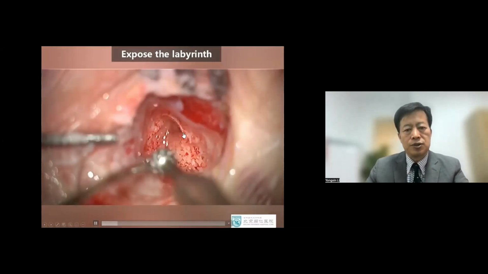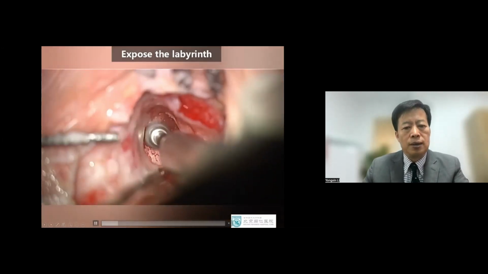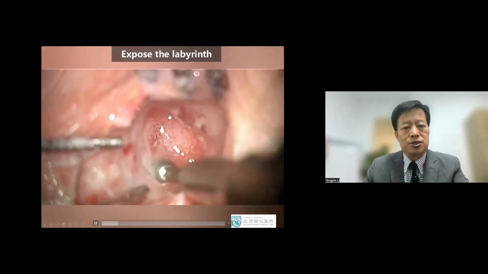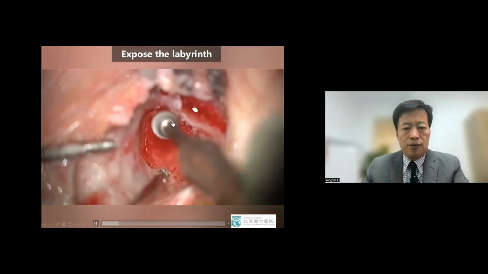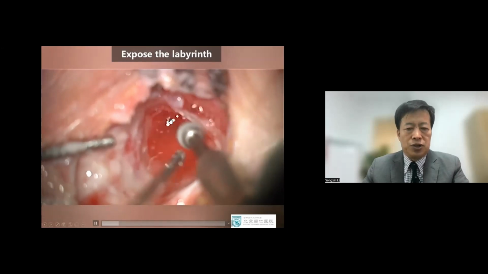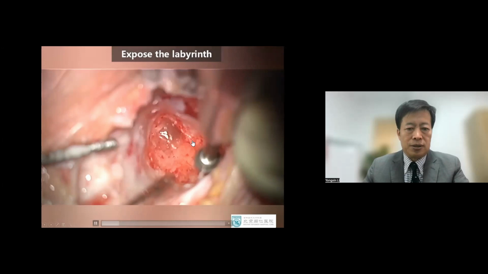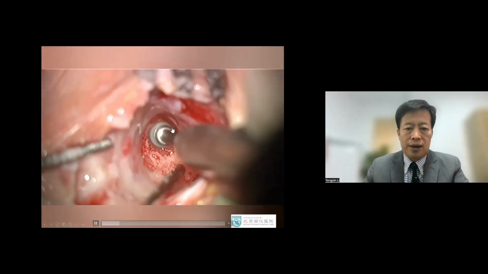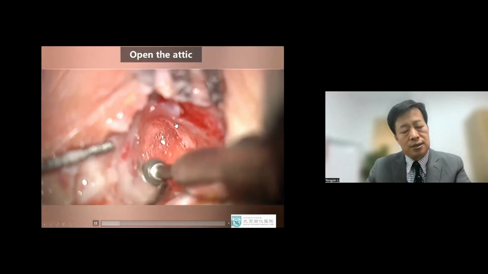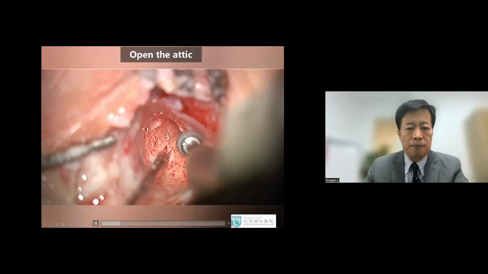For this kind of surgery, we should not open the mastoid too big. For the incus, we should not open the incus. Some patients have residual hearing, so we cannot damage the incus. We try to preserve the hearing.